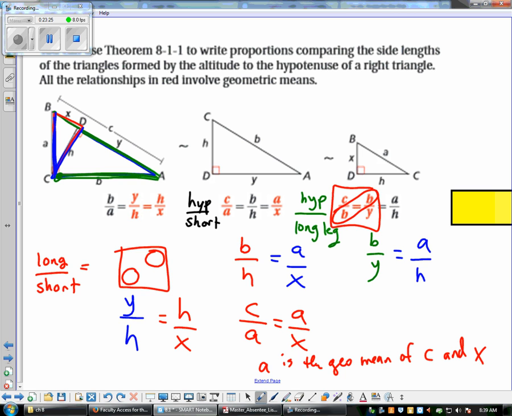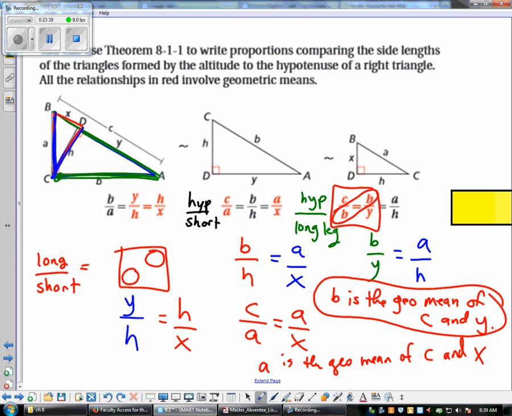C over Y. All right, so B is the geometric mean of C and Y. A is the geometric mean of C and X. And we already said earlier that H was the geometric mean of X and Y, from this one right here.